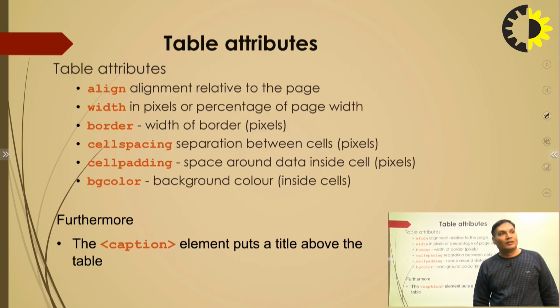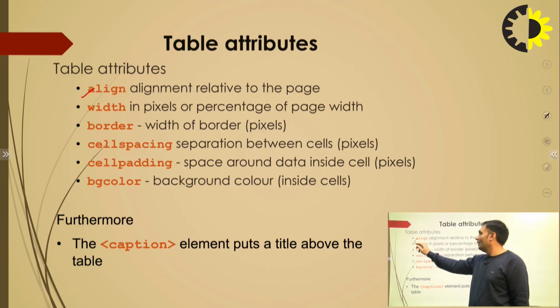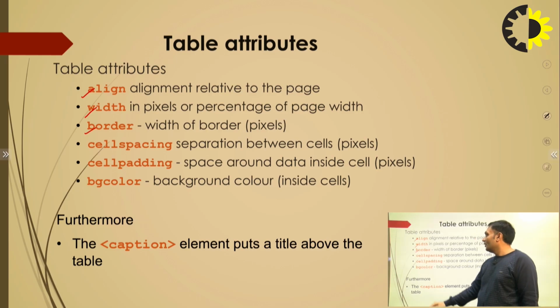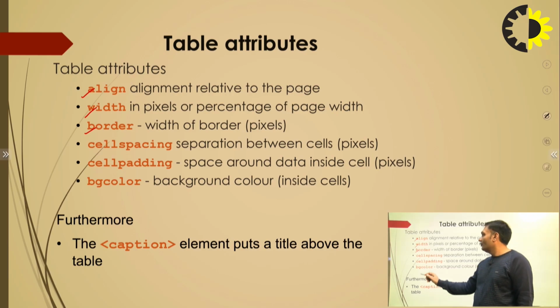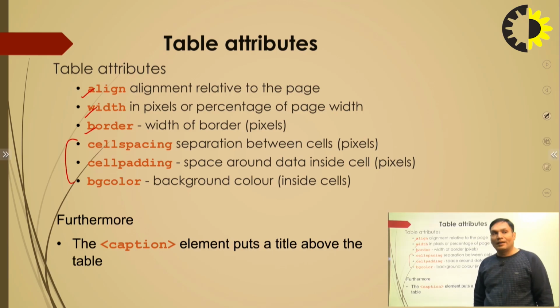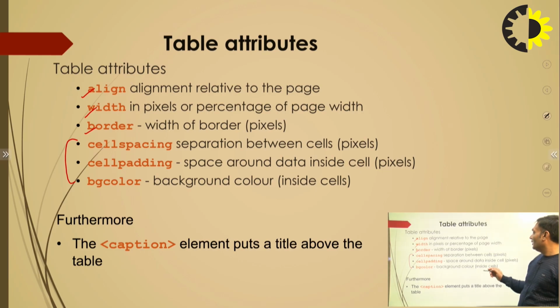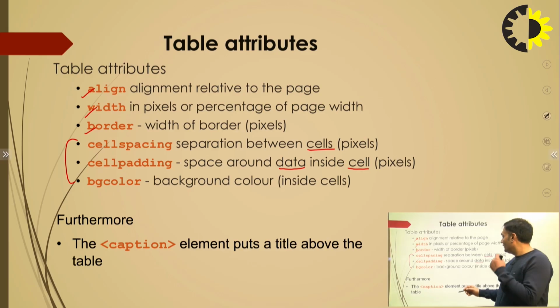So we have discussed the align attribute, the width attribute, and the border attribute. Now another three attributes that we can use are cellspacing, cellpadding and bgcolor. Cellspacing represents the space between the cells, cellpadding represents the space around the data inside the cell, and bgcolor represents the background color that is displayed behind the table.